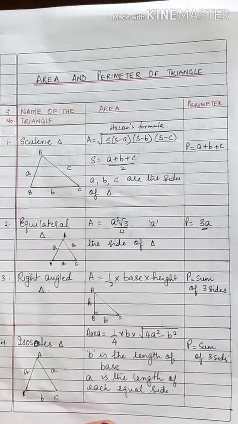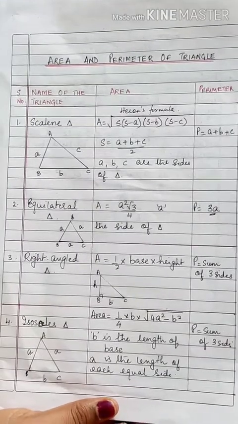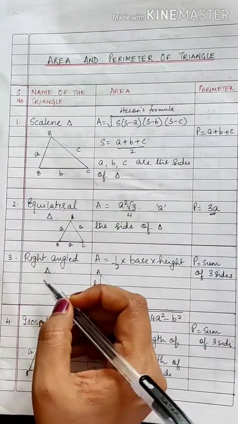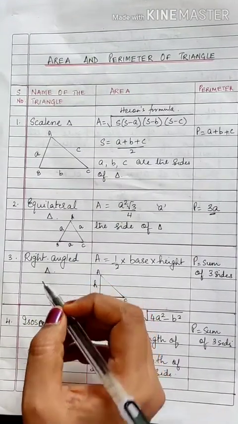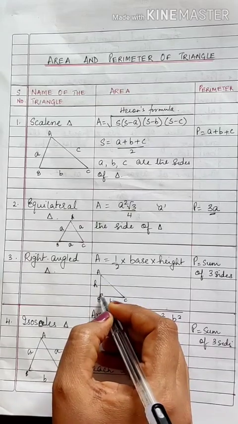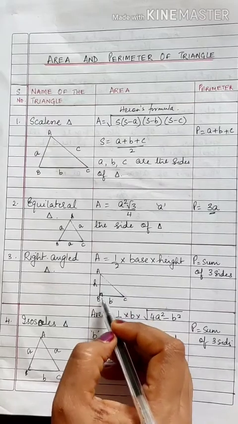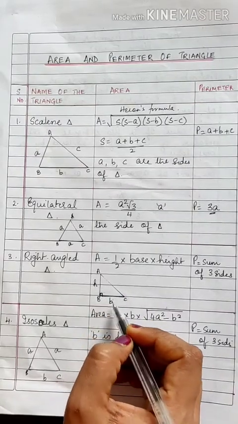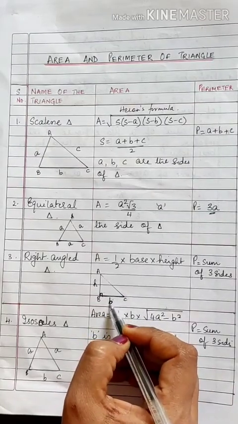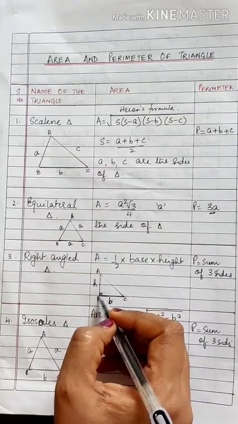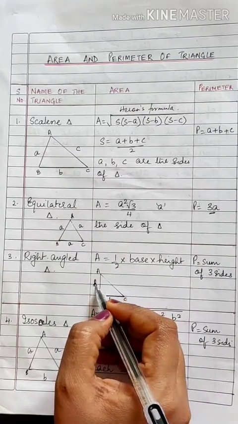Now, moving on to the next triangle, which is a right angle triangle. In a right angle triangle, one of the angles is 90 degrees. In this triangle, BC is the base, which is taken as small b, and AB is the height, which is denoted as h.